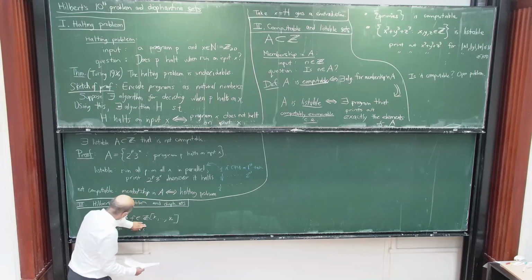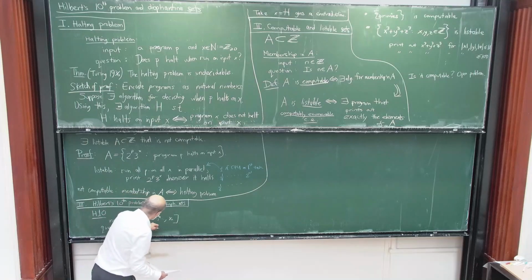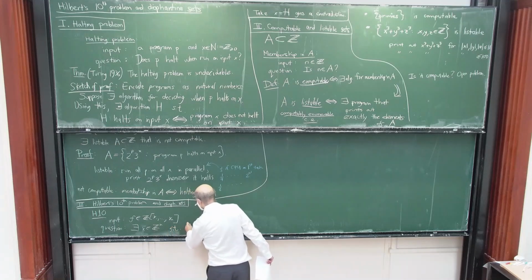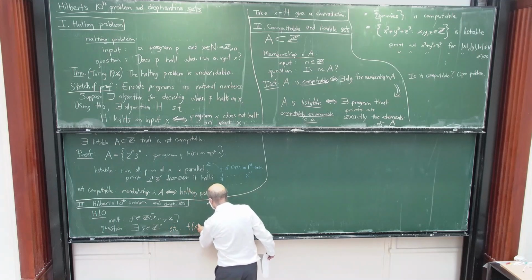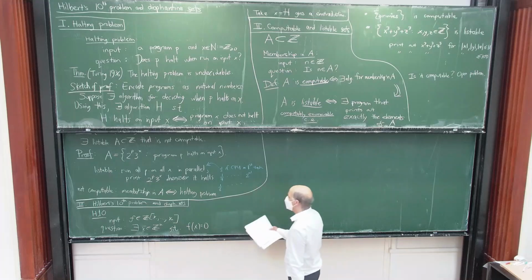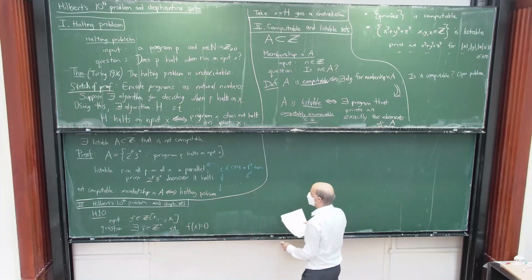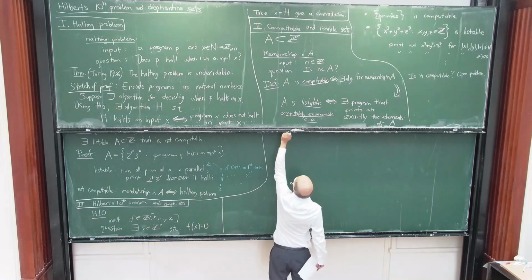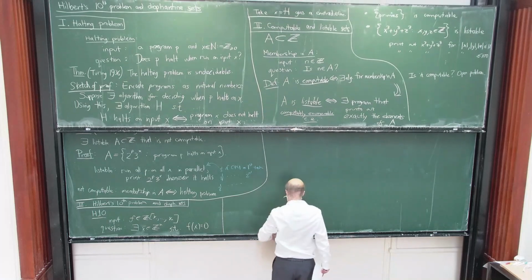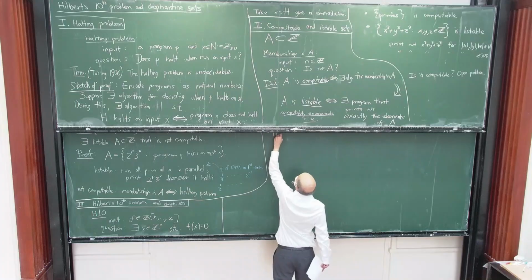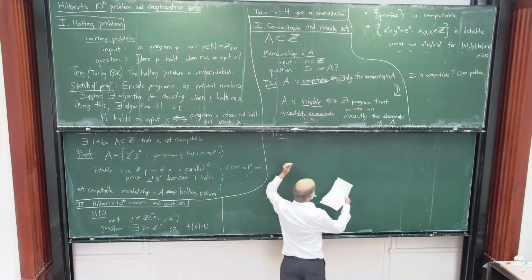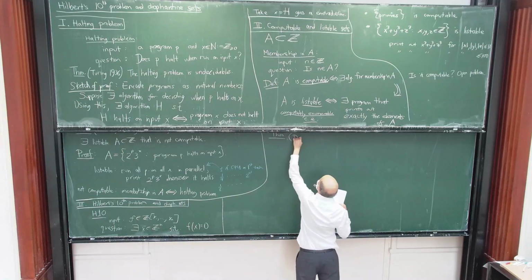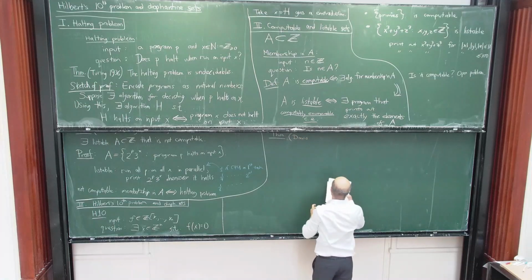So you ask whether there is an integer solution to the equation f of x equals 0. Well, as you probably know by now, the theorem is that there is no such algorithm to decide this problem.